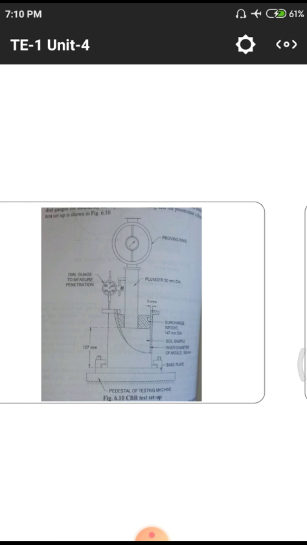With these two dial gauges, we have to measure the amount of pressure on the soil sample and the amount of shrinking, that means the decrement or settlement of the soil sample. By using those two dial gauges, we need to note down the readings simultaneously.